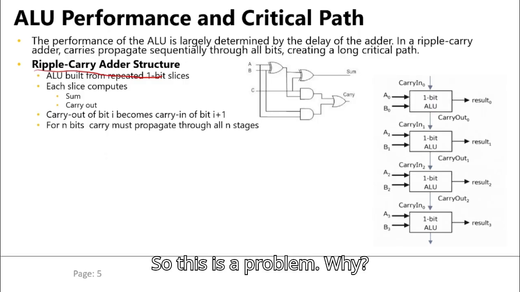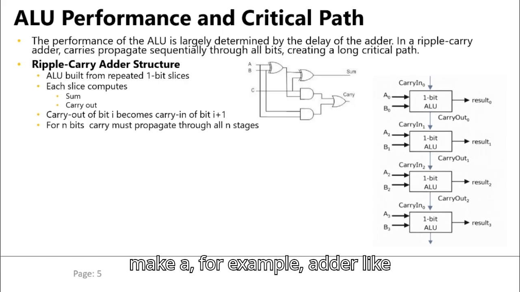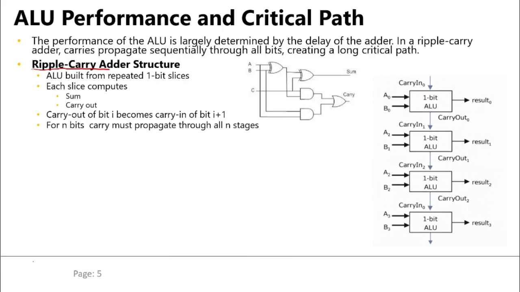This is a problem. Why? Because if we make an ALU with an adder like this that uses ripple carry, we need n stages for this propagation time.